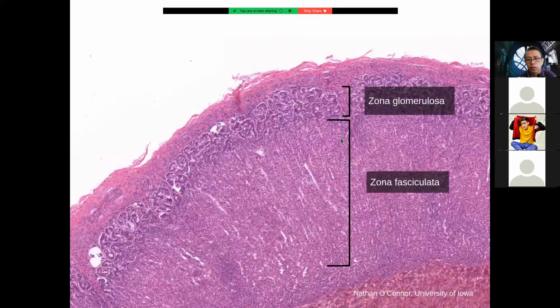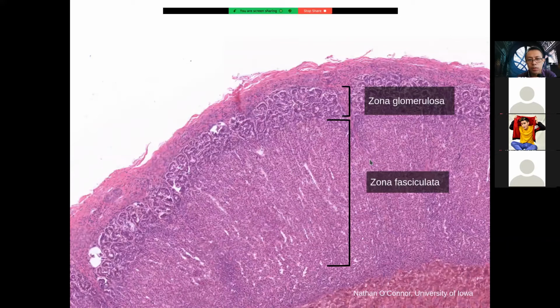And similar to what I taught you about the brain on cross-section, if you cut something longitudinally, it looks lighter. The same principle applies here. So the straightening out here of these single cell strands is your zona fasciculata.